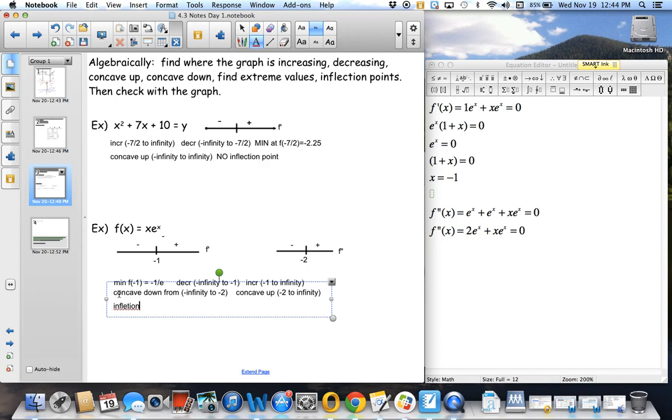We have an inflection point because it changed concavity. Our inflection point is at -2. It's f of -2, which if you plug in -2 to our original, we would have -2 divided by e squared. And I can't really type math symbols over there, so that's how it would look. Okay?